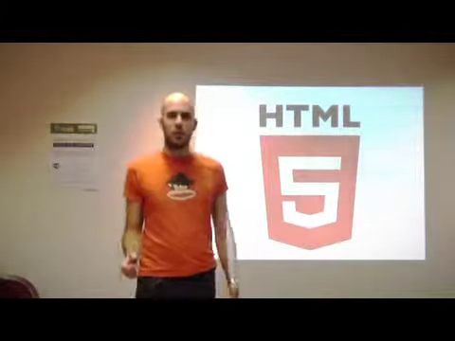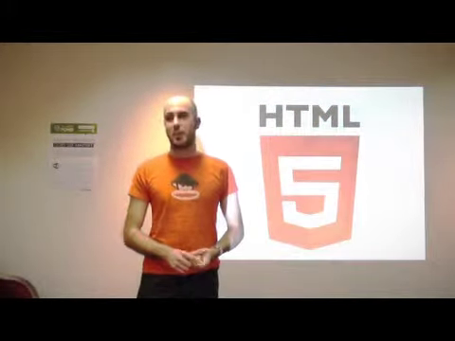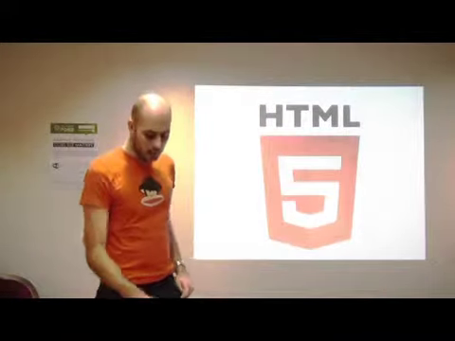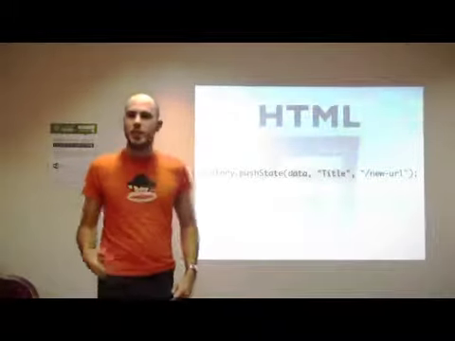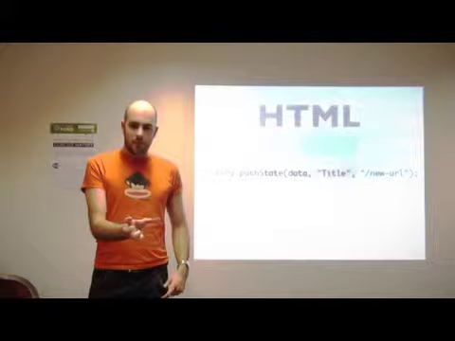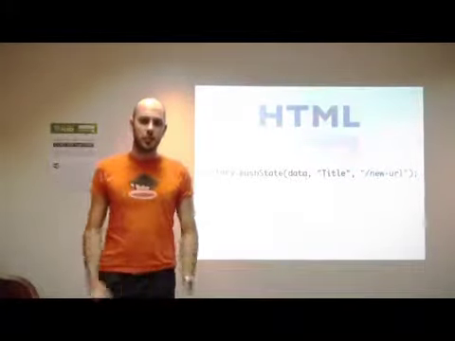To do that, I'm going to cheat here and use some experimental stuff that not all browsers support. I'm going to use something from HTML5 called the History API. With the History API, you can actually add pages to the browser's history without actually navigating to them.